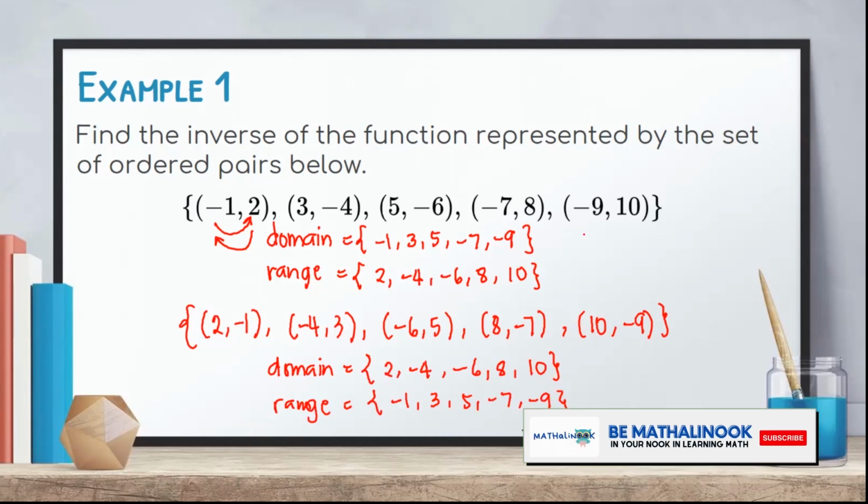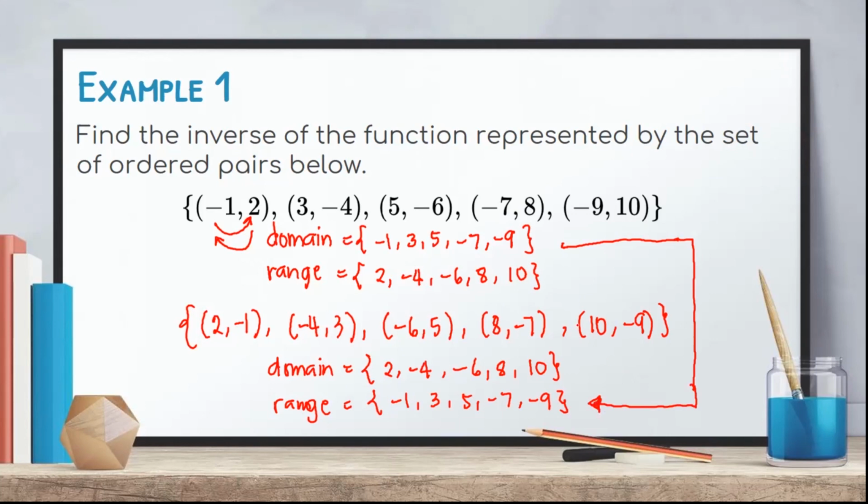Notice that the domain of the function is equal to the range of the inverse, and the range of the function is equal to the domain of the inverse. Therefore, to find the inverse of a function given as a set of ordered pairs, we simply need to interchange the values of x and y.